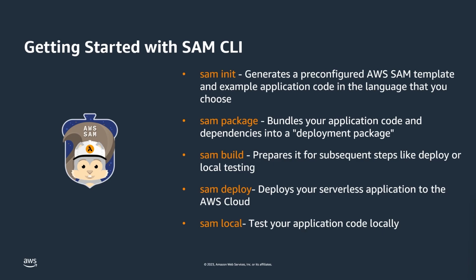In our particular case, we're .NET developers, so we can create a .NET 5, .NET 6, or .NET 7 AOT Lambda project from one of those templates. Then we could use sam package, which bundles your application code and dependencies into a deployment package. This is great if you want to have your artifacts saved off somewhere. You can also run sam build, which prepares subsequent steps like deploy or local.